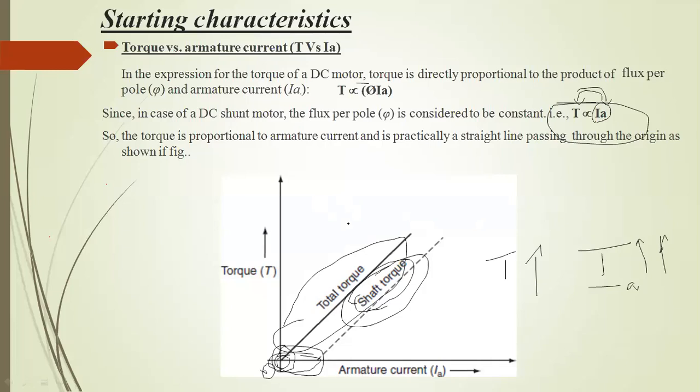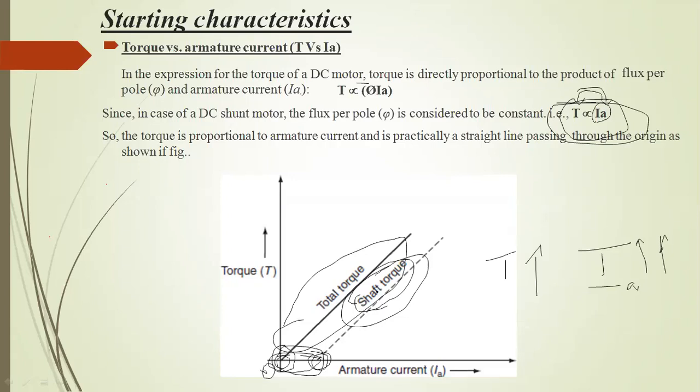Due to the weak field, the reaction causes the torque line to droop from the origin to some point of the armature current. The relation still applies: the torque is directly proportional to Ia. So the characteristics are also a straight line, but not starting from the origin. It starts from some value of the armature current.